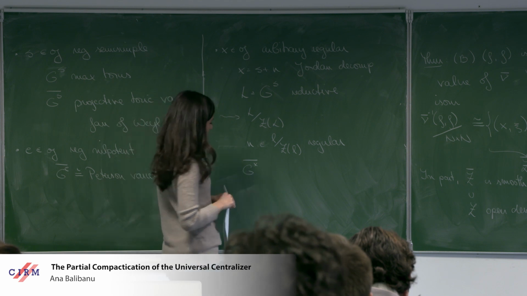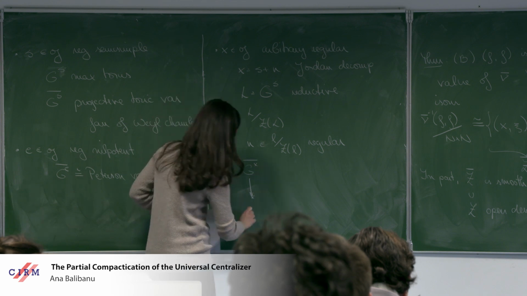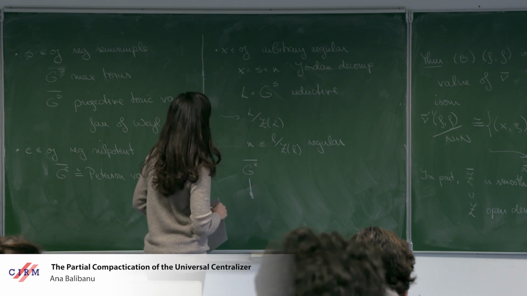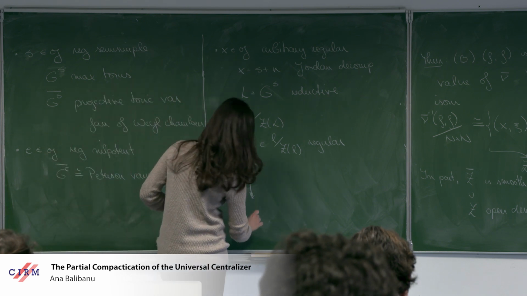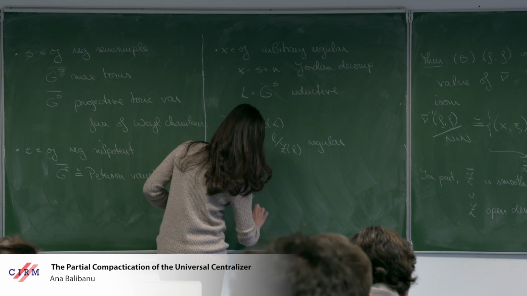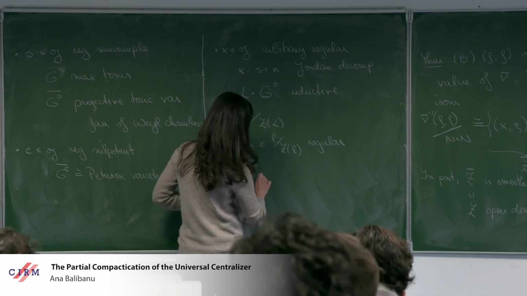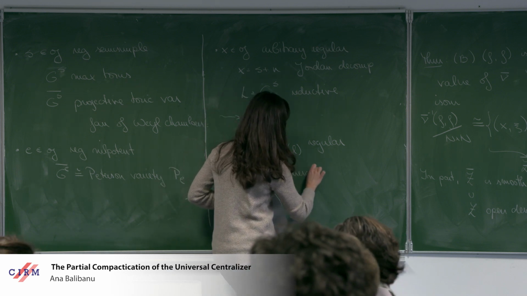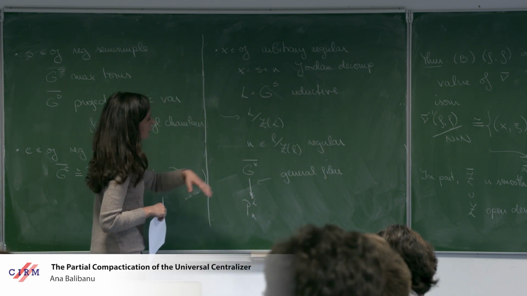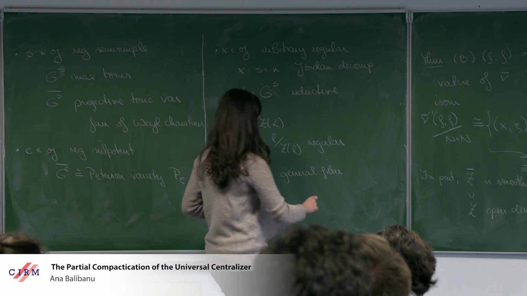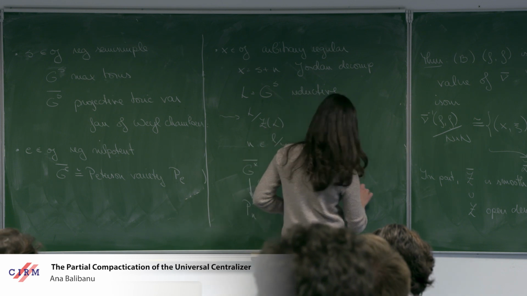And then the compactification of the centralizer of x surjects onto the corresponding, let me denote Peterson varieties by subscripts, onto the corresponding Peterson variety of this semisimple group. And the general fiber is a toric variety that corresponds to the compactification of the center of this Levi.